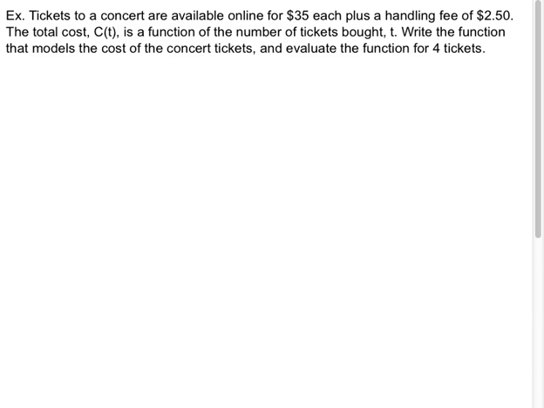So what's happening here is I'm writing this function, C of t. t is my number of tickets, and every ticket is $35 each. I buy 1 ticket, that's $35. I buy 2 tickets, that's $70. So it's connecting the 35 to my t. The number of tickets is determining how many times I pay that $35.